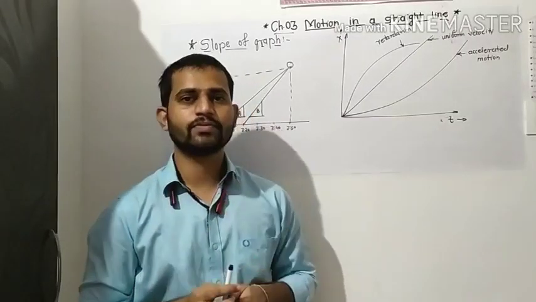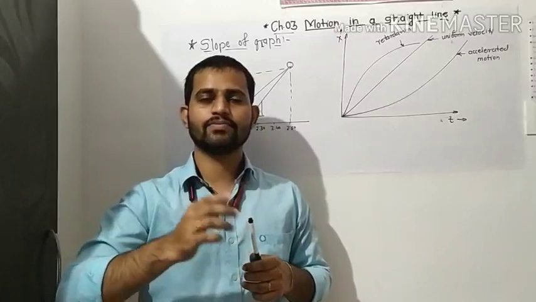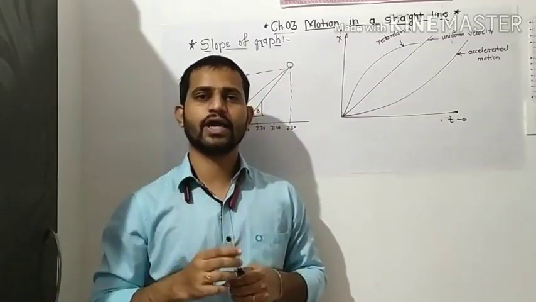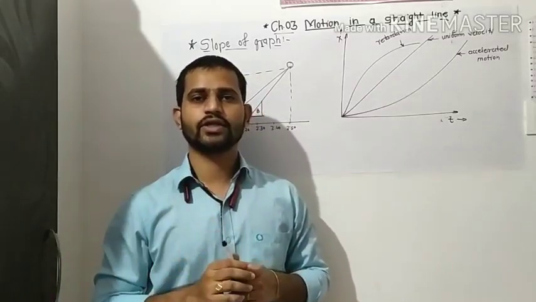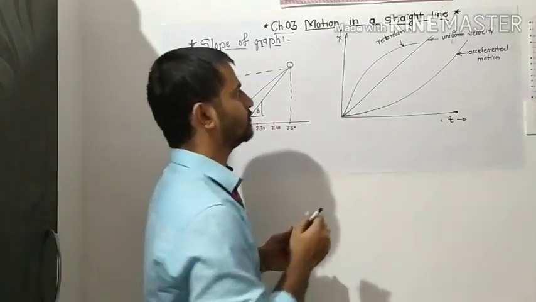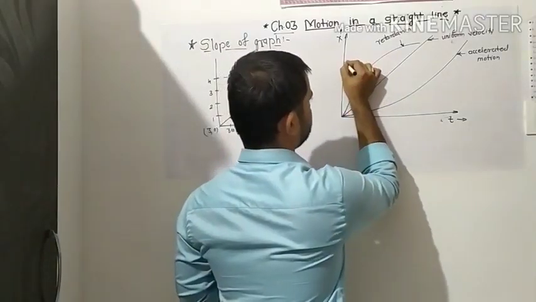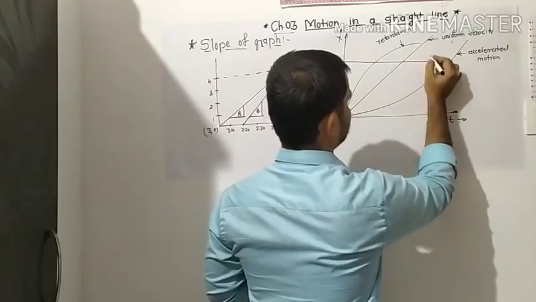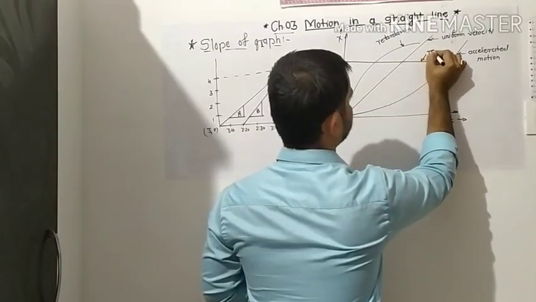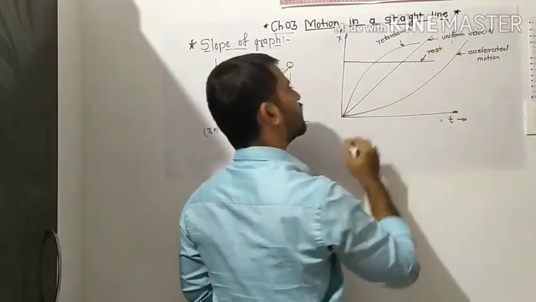So suppose we throw a ball to some particular displacement and after reaching there it gets stuck. Then we can indicate it by one straight line, which means it is at rest.